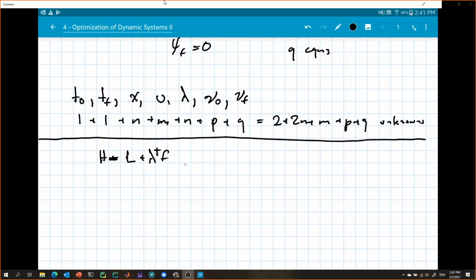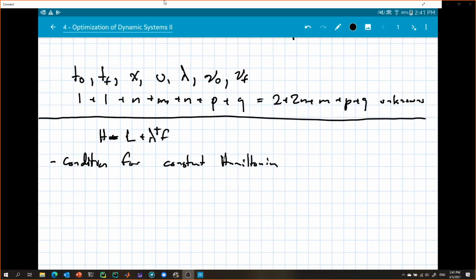This Hamiltonian, as I'll show, is constant in most cases, and you can actually show really easily when it's constant. The condition for constant Hamiltonian.